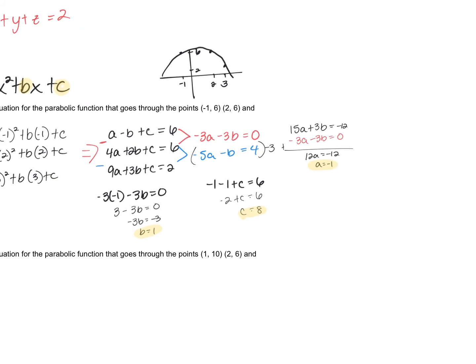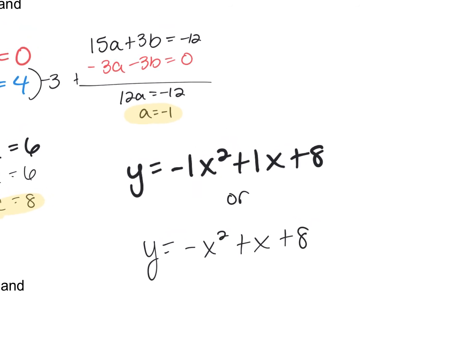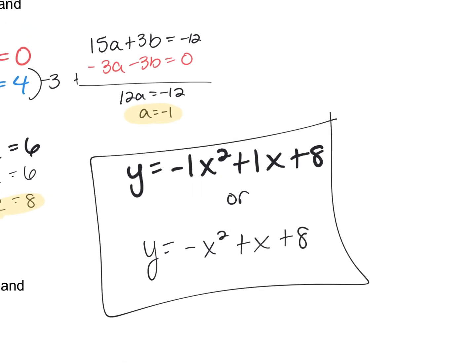So you could write this as y equals -1x squared plus 1x plus 8, or just a little bit cleaner, I mean, that's perfectly fine. You could write it as -x squared plus x plus 8. Okay, before we move on, that is your answer, either one of those.